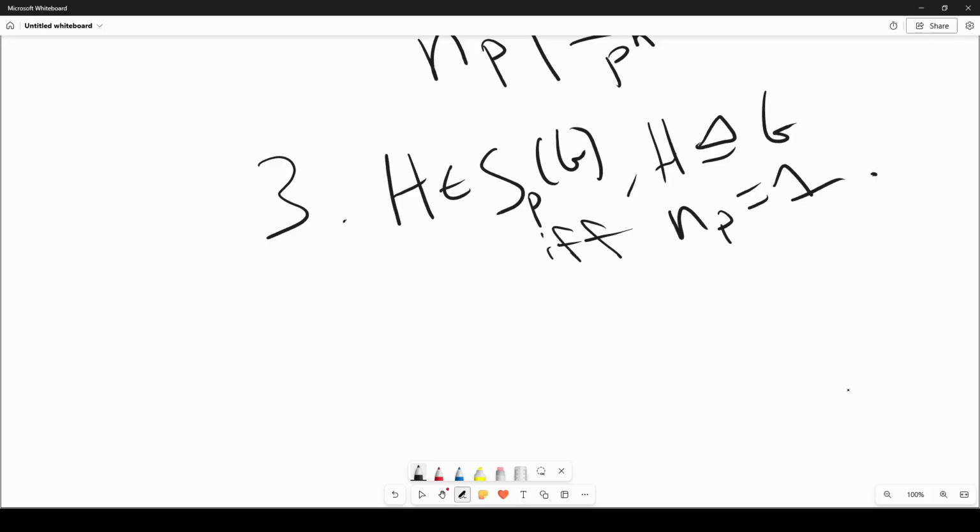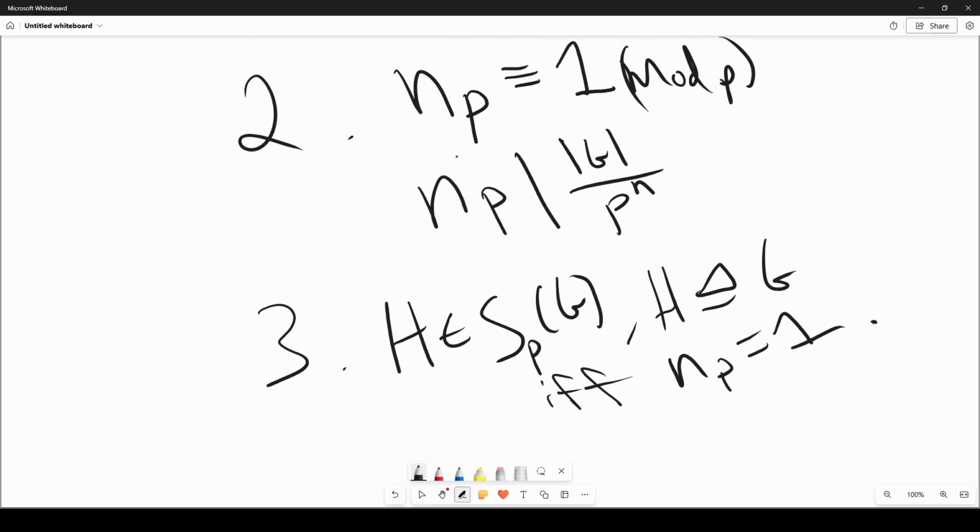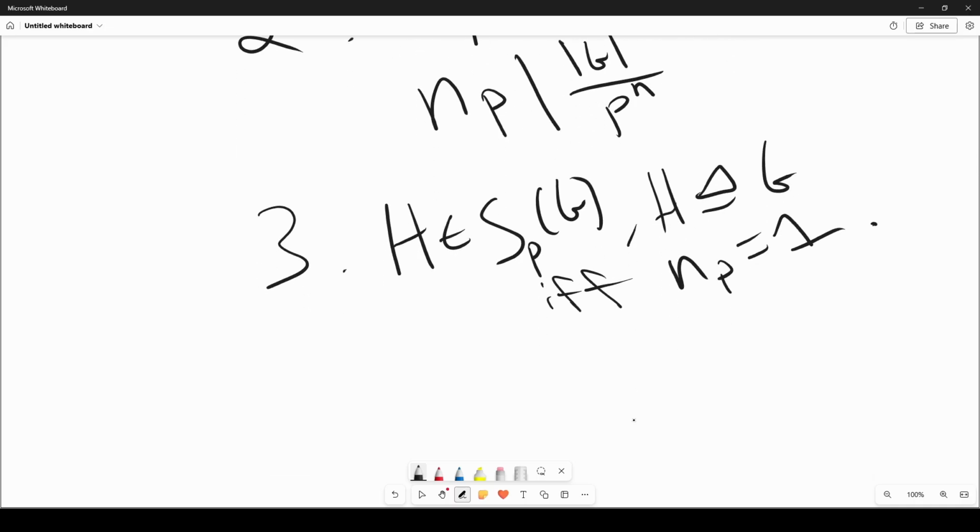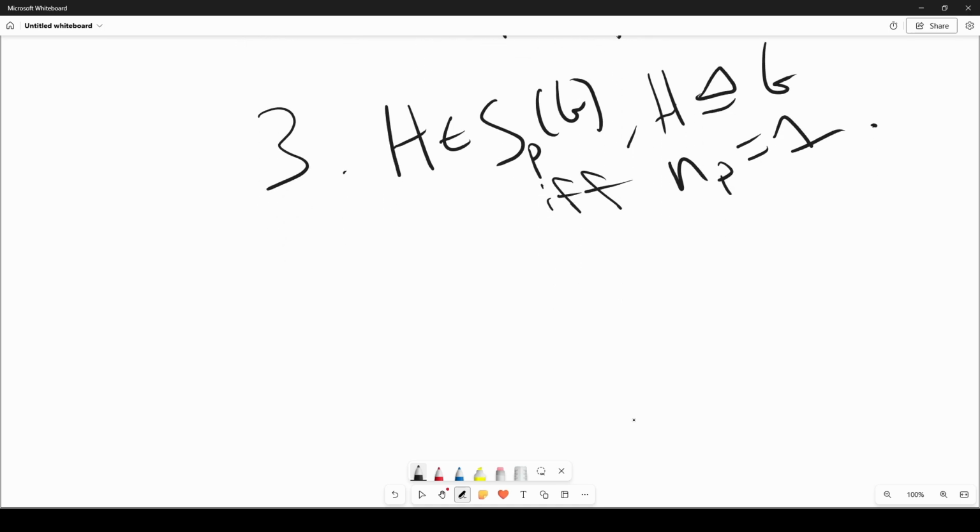But if you accept them, you should see that if we can determine that n_p is 1, then we found a normal subgroup. So that's the main goal: trying to determine that n_p is 1 for at least some prime, because then we can find a normal subgroup.